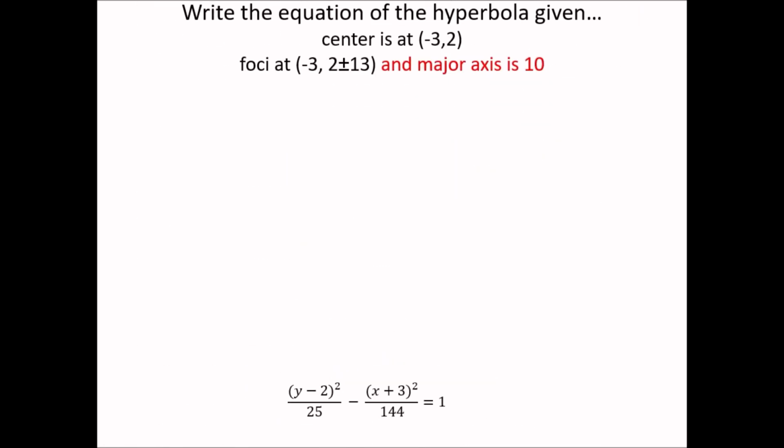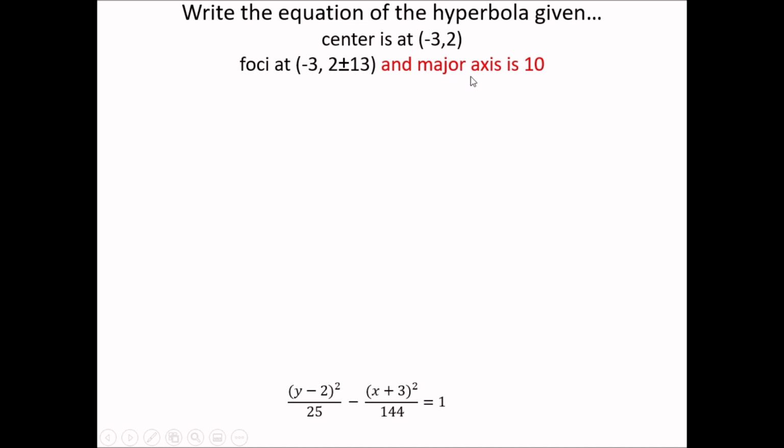So, ito yung equation. How about write the equation of the hyperbola given center is at negative 3, 2, foci at negative 3, 2 plus minus 13, and major axis is 10. Yung sinasabi natin ditong major axis is the transverse axis. 10 siya.